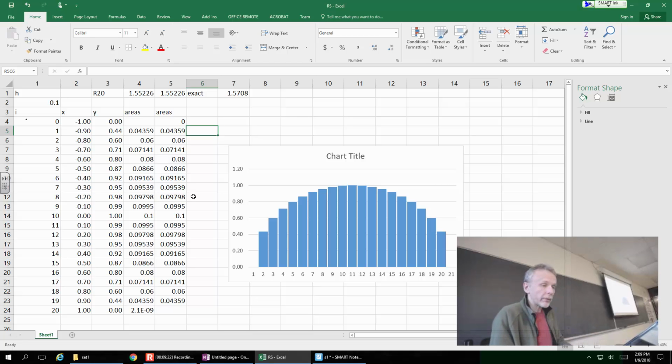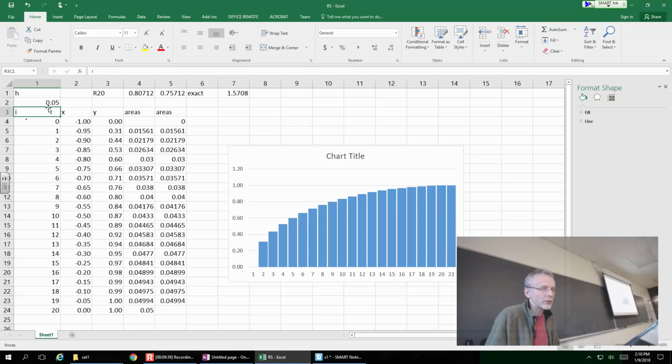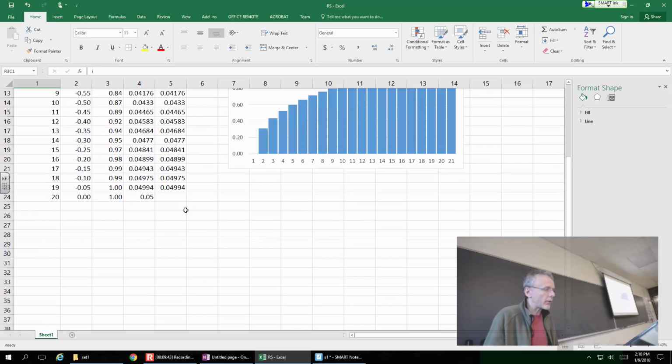One more thing I want to do here is increase the accuracy. Let's do twice as accurate, so my width will be 0.05. As you can see, what we end up with is no more than just half of the circle.